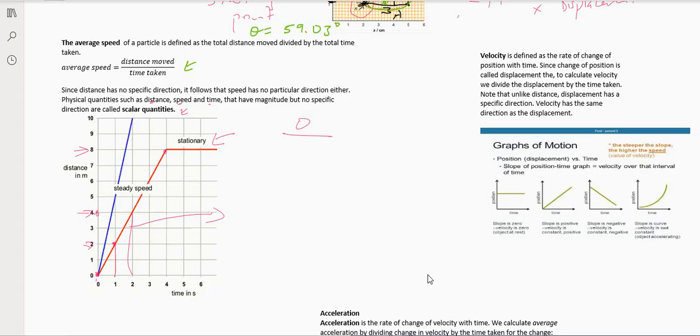Another way we can say is uniform speed, and uniform speed occurs if an object covers equal distance in equal time intervals, no matter how small the time intervals are. So that would be uniform speed. So the car has a uniform speed from 0 distance to 8 meters.